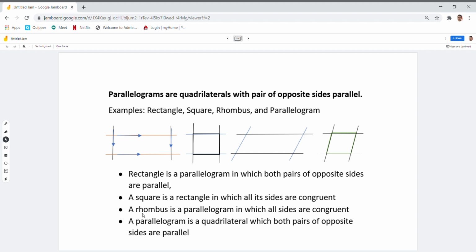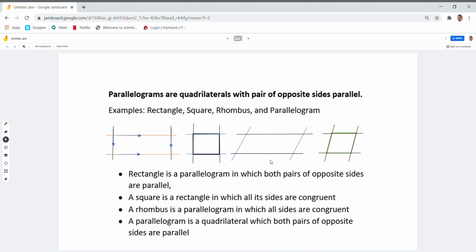And then a rhombus is a parallelogram in which all sides are congruent, just like the square, but it looks like a tilted square. A parallelogram is a quadrilateral in which both pairs of opposite sides are parallel. Usually, all the parallelograms are represented by the parallelogram as illustration.